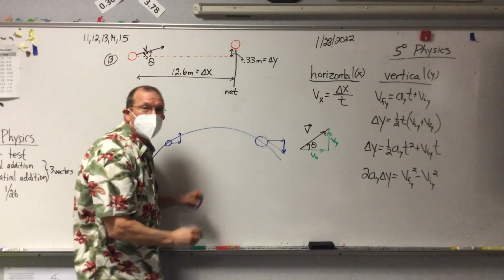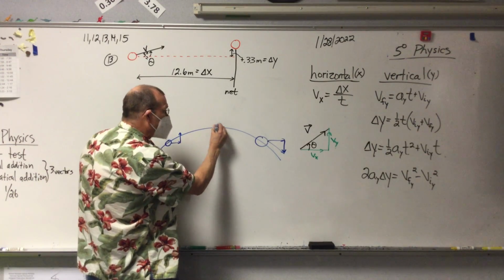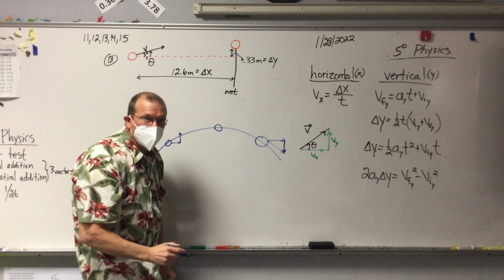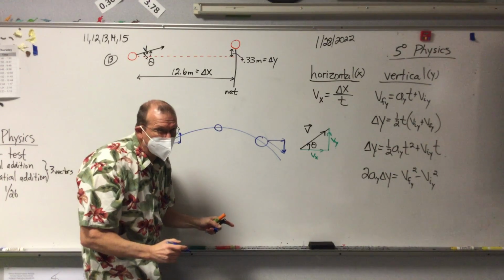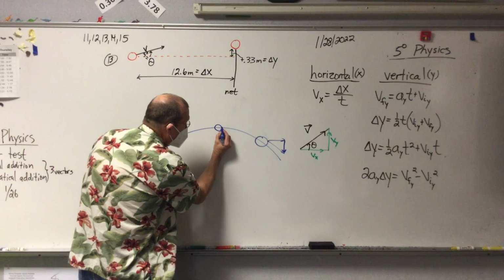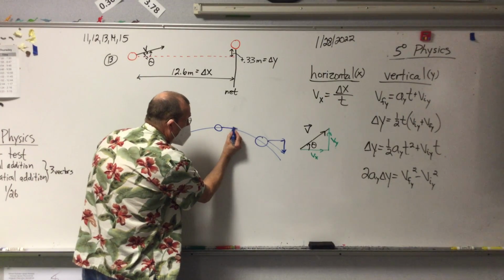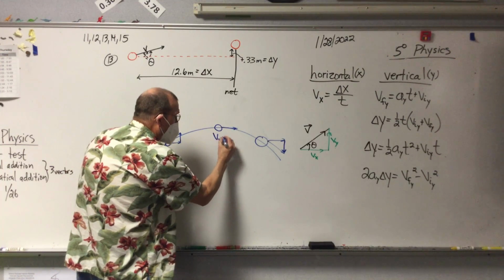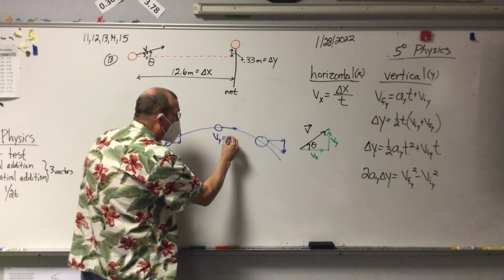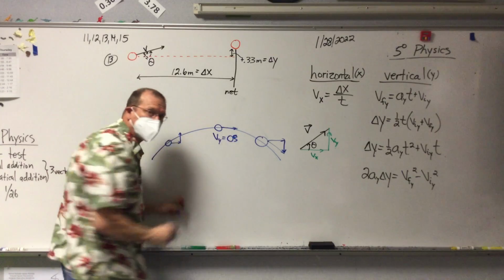But at the apex, when you are just getting to the top, you've gotten to the max, you're not falling down quite yet, so the only thing you have is your horizontal component. And at this spot, I am going to say your Vy is 0.